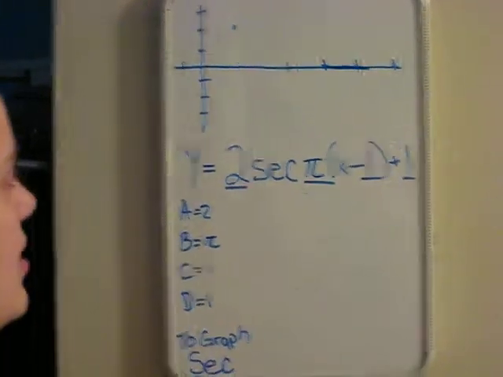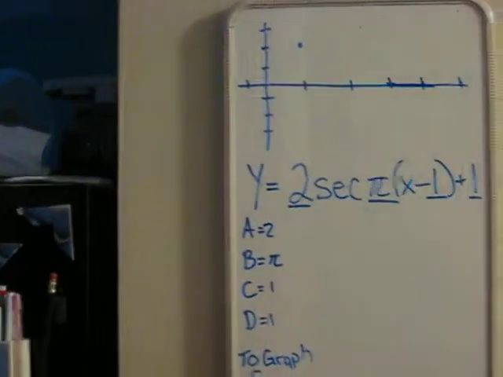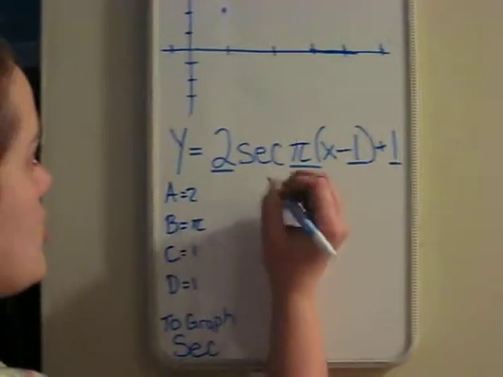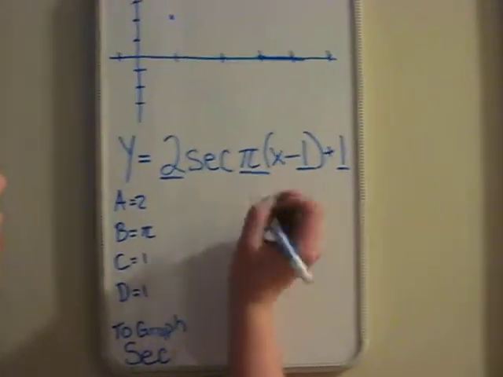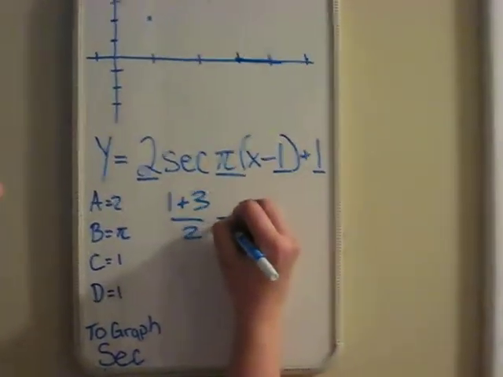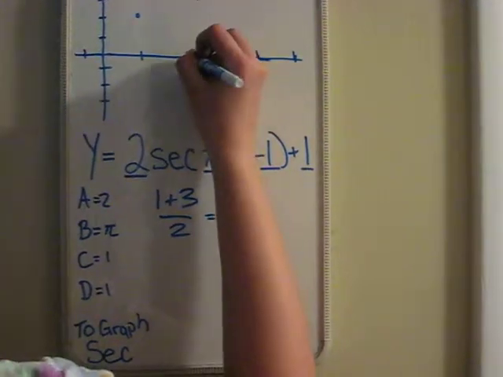Now we're going to find the other 3 points in our period. Every period is 5 points long, and they're each equally spaced. So our third point is halfway between 1 and 3. So we have 1 plus 3 over 2 to average them. We get 4 over 2, which is 2. So we have 1 point here.